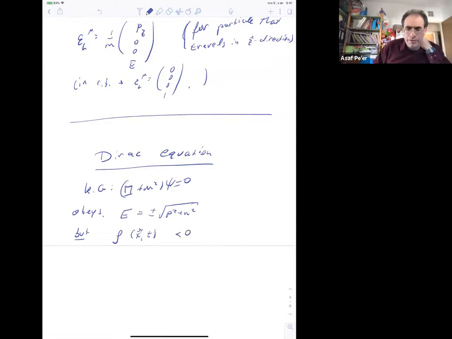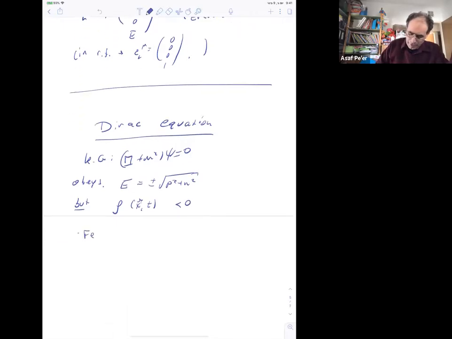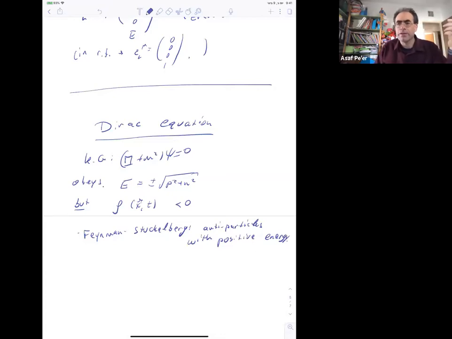So we spoke about one suggestion for a solution in terms of interpretation, the Feynman-Stuckelberg view, as really describing antiparticles with positive energy. Okay, so basically particles move backward in time.